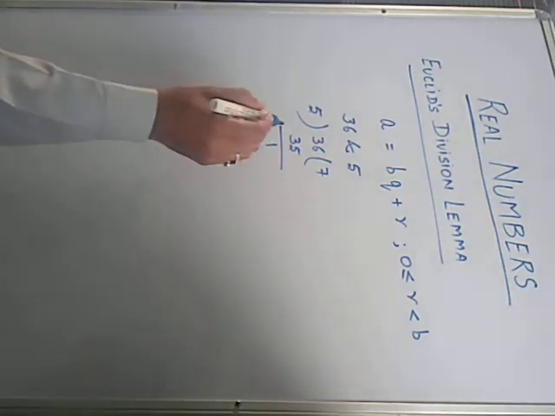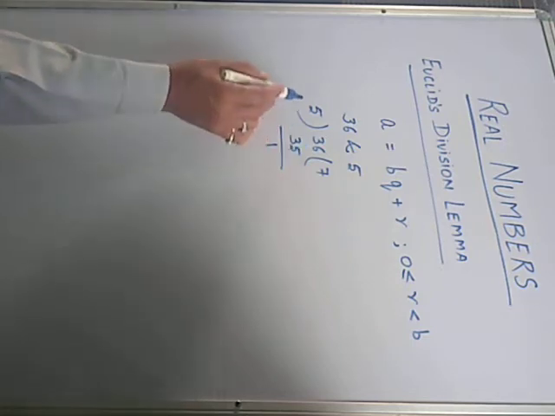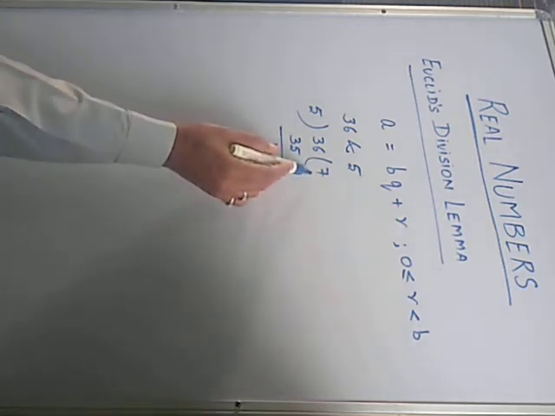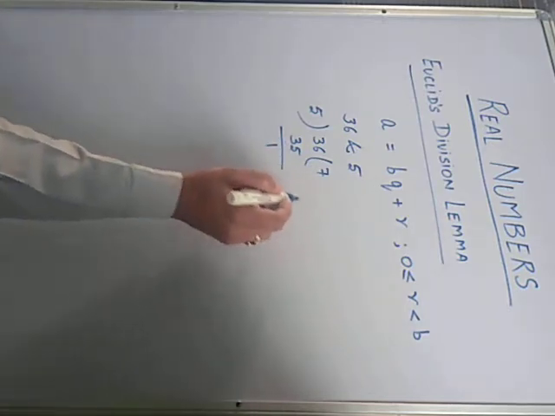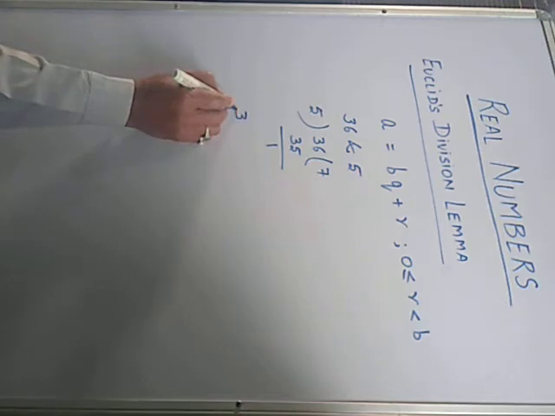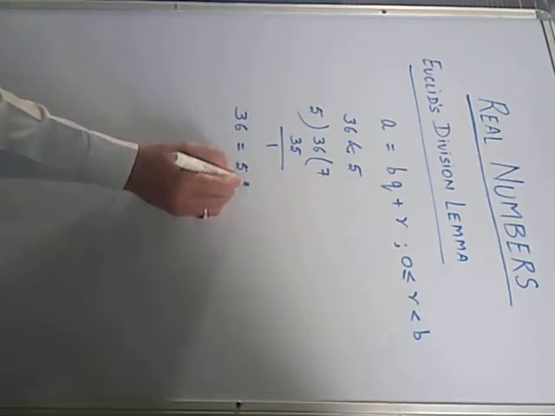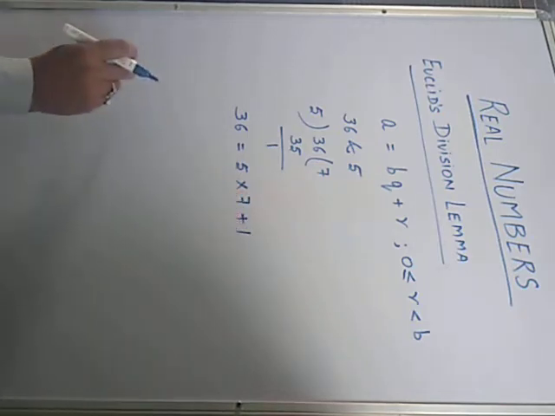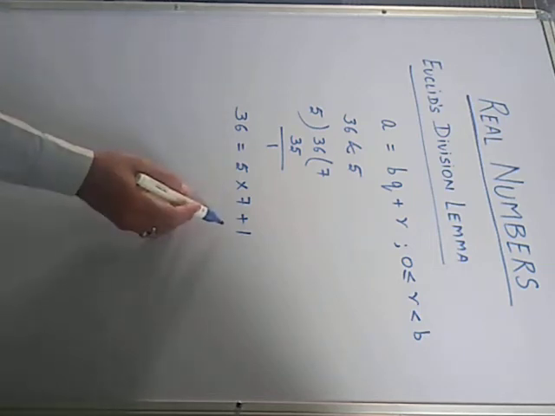So here 36 is the dividend, 5 is the divisor, the quotient is 7 and the remainder is 1. So we can write 36 as 5 into 7 plus 1. 5 sevens are 35, plus 1 is 36.